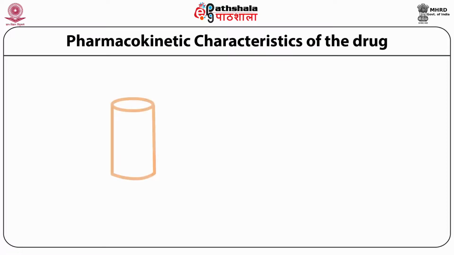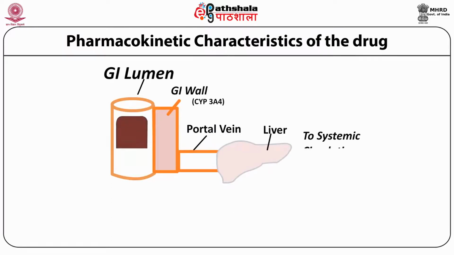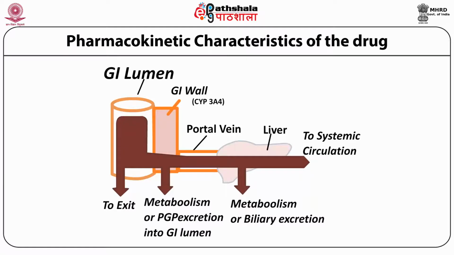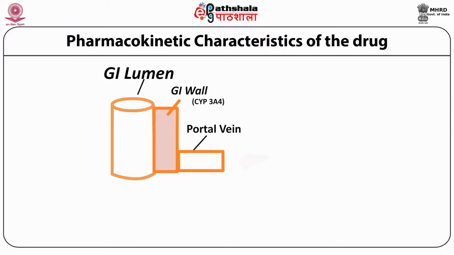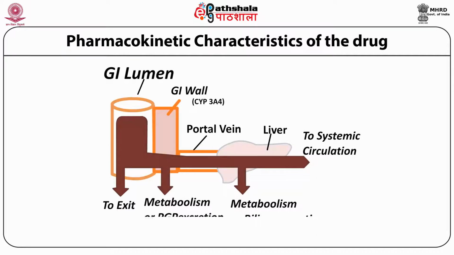My dear students, the schematic representation in front of your screens is giving us an idea about the journey which a drug delivery system takes when formulated into an oral controlled drug delivery system. It will first enter into the GI lumen. There is always a risk of getting exited. Then finally, when it has to traverse to the GI wall, the other metabolic challenges are present there. Primarily, the P-glycoprotein excretion can happen.